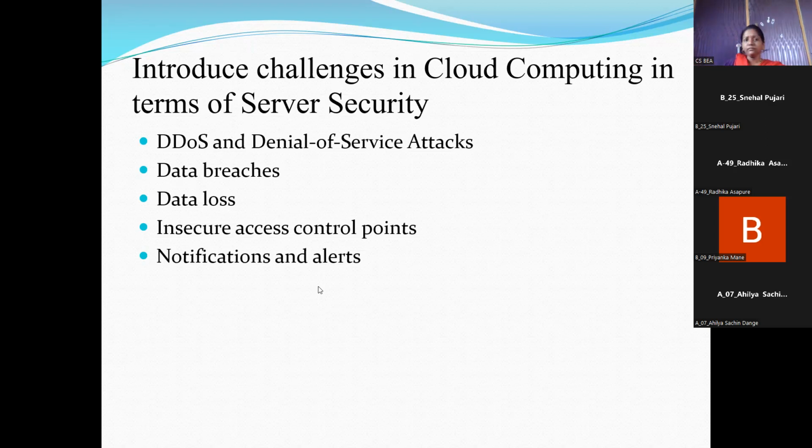Whenever business critical information is moved into the cloud, as we are hearing that businesses are moving onto the cloud, it is understandable to be concerned about security.